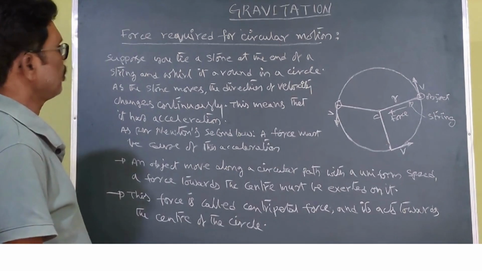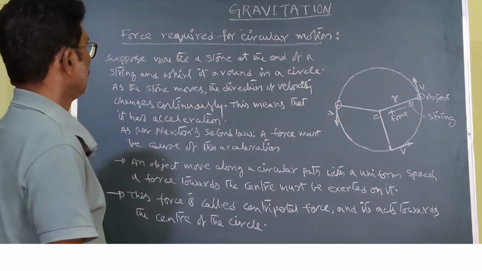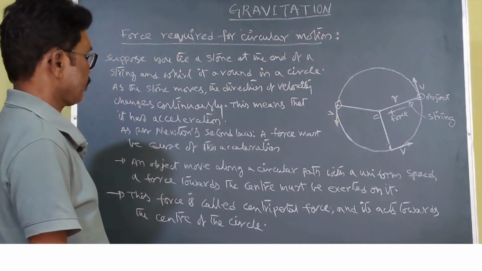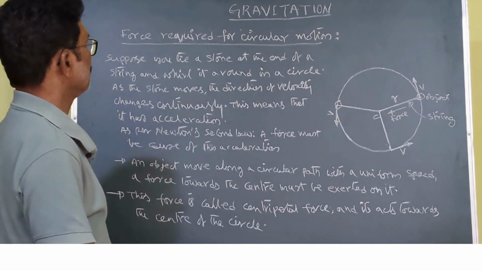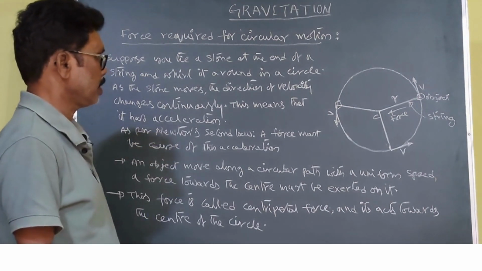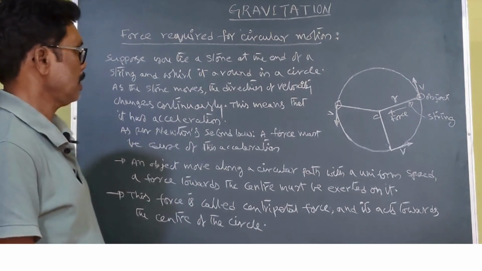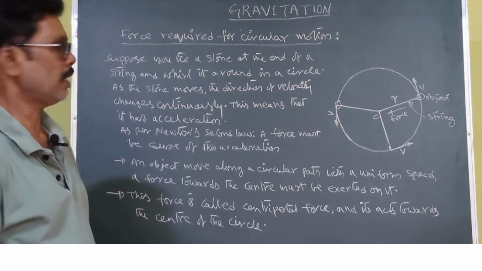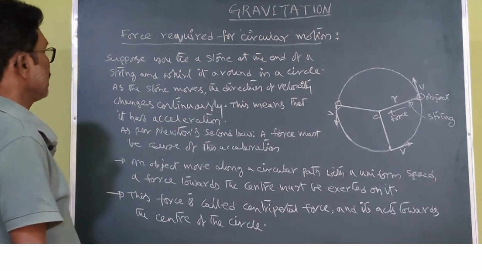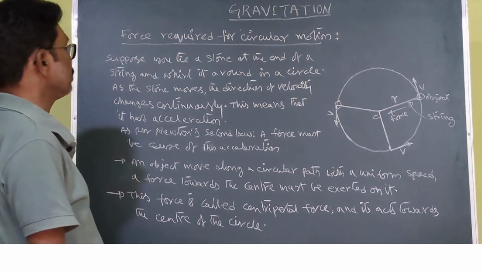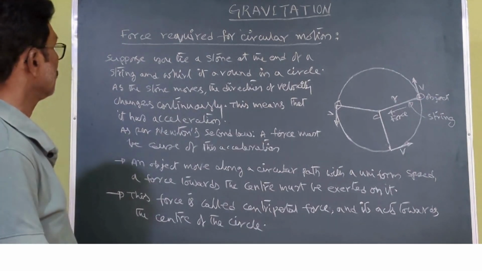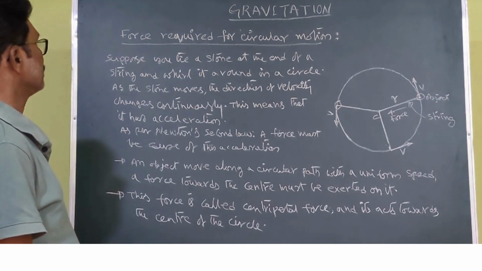We have been discussing gravitation. At the end of this unit, we are going to find out the acceleration due to gravity value. Before that, to arrive at that value, we need to learn a few topics.